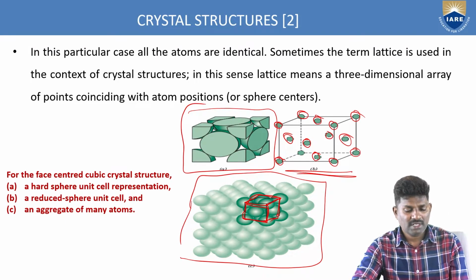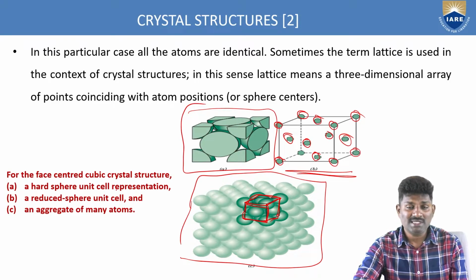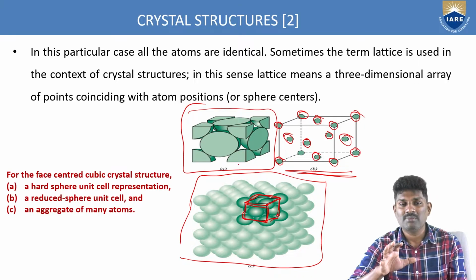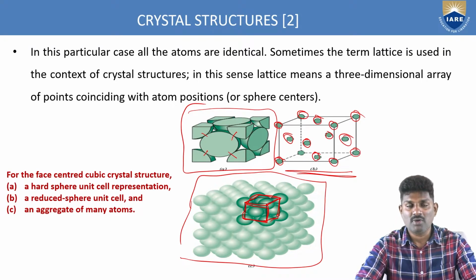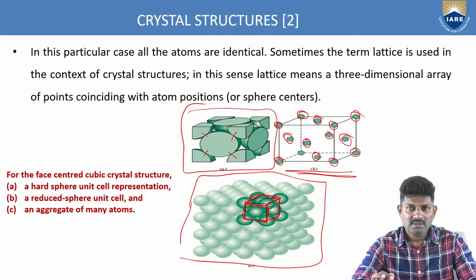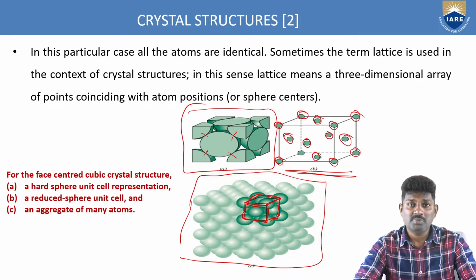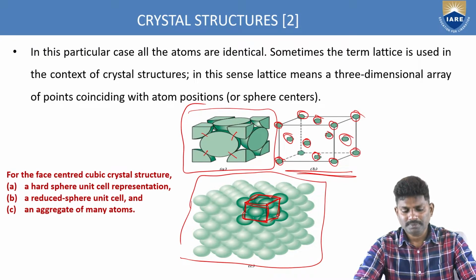So the first figure is the hard sphere unit cell representation, where you can see all the bonding everywhere, wherever the metal atoms are touching. And the second figure is the reduced sphere of that unit cell.